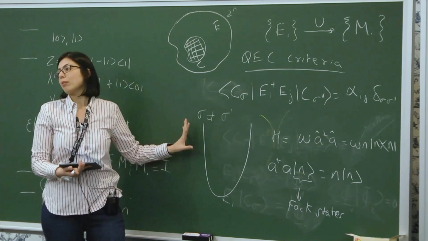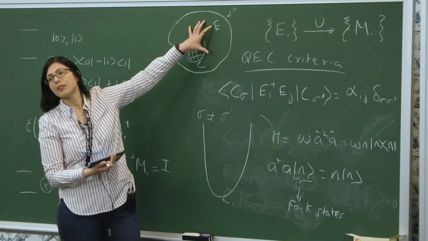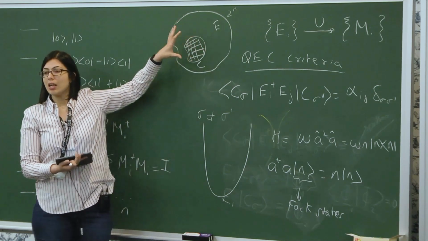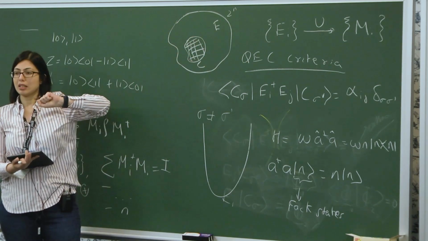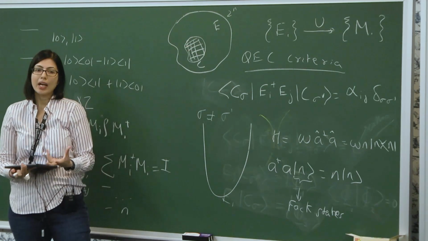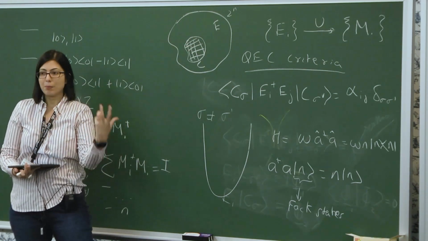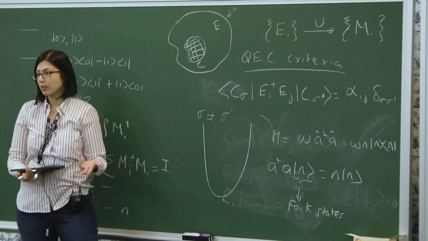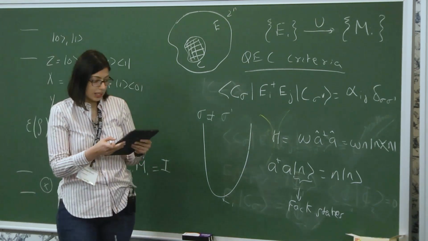In a single harmonic oscillator, you can carve out a subspace on which you are able to do error correction. Depending on what errors you have, different subspaces might be better for you to choose as your code space.